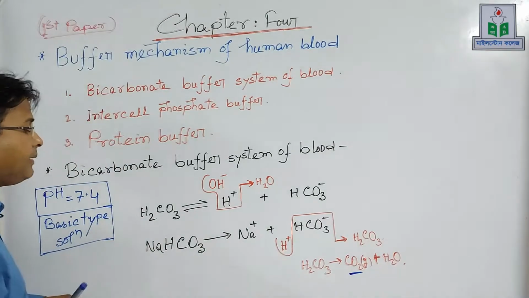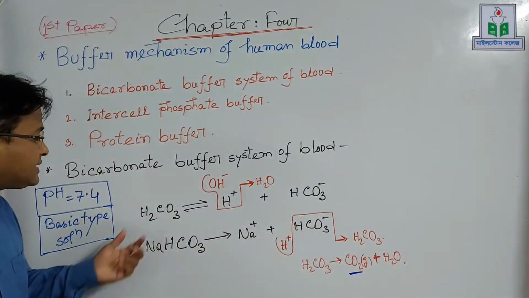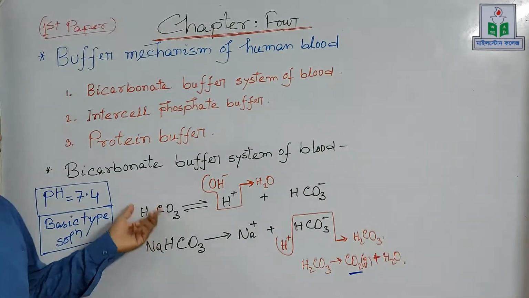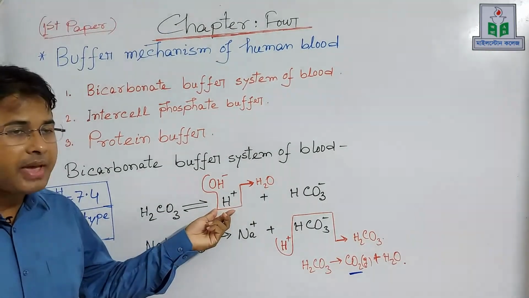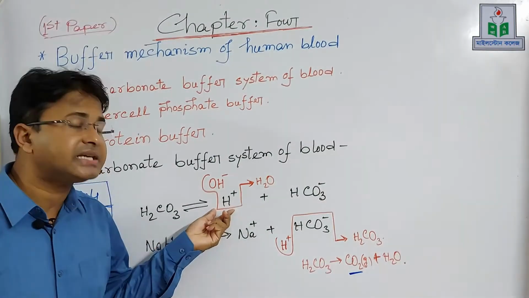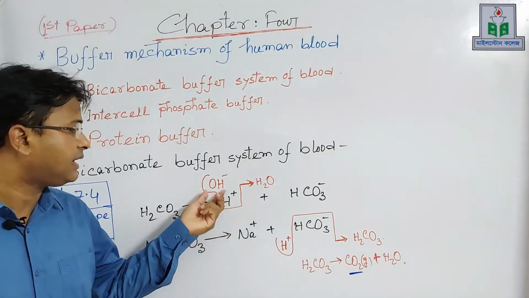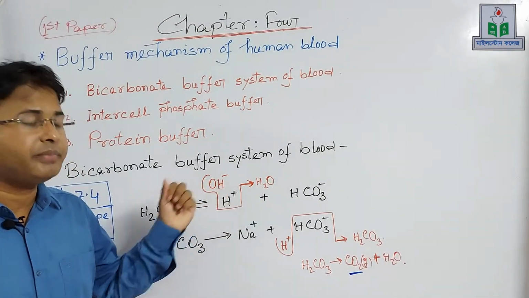At equilibrium, the unionized carbonic acid breaks to reproduce the same amount of H plus ion which was neutralized by the hydroxide ion of the base.